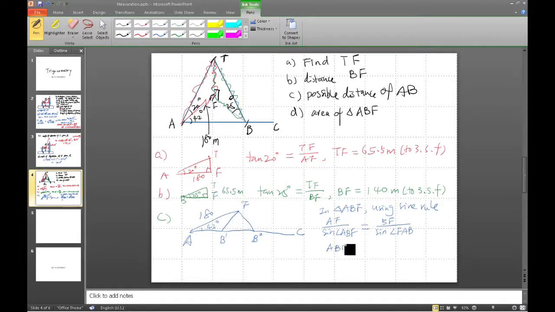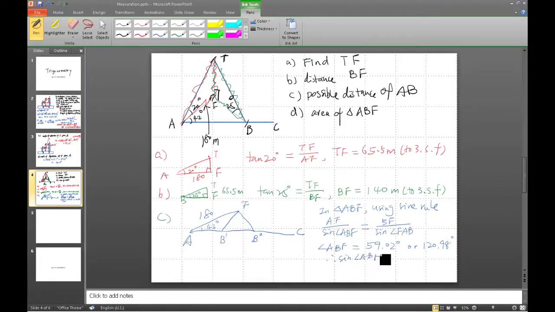The answer should be angle ABF equals to 59 degrees or 59.2 degrees or 120.98 degrees. So we have two possible answers here.